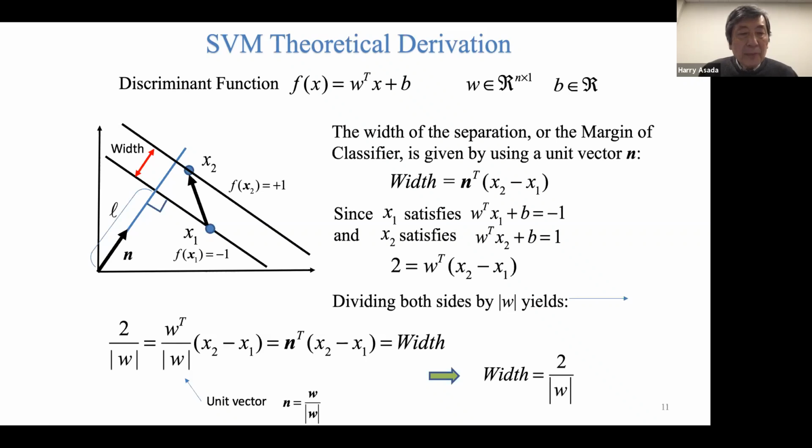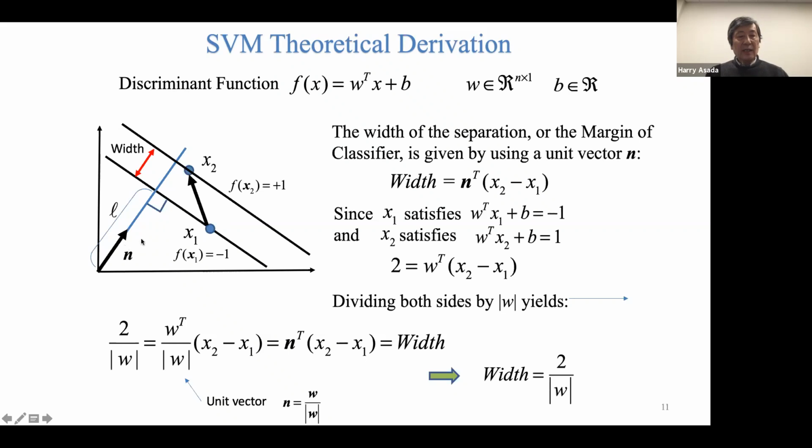Okay, now let's look at just the geometry quickly. Suppose these two points, x1 and x2, are support vectors on the boundaries, the lower side and the higher side. The width here can be expressed by taking the difference x2 minus x1, the vector from x1 to x2, and projecting onto this direction, indicated here by a unit normal vector to this line.